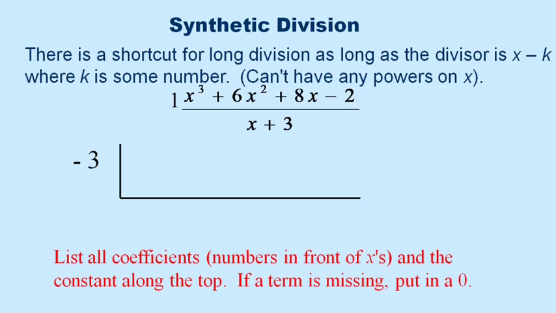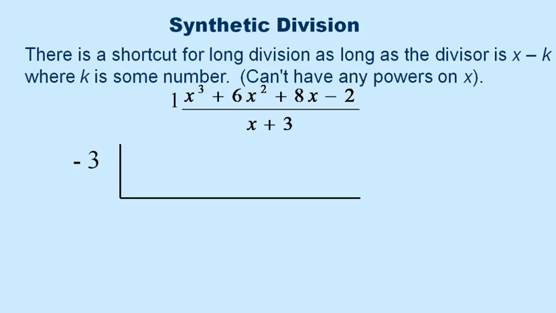After that, we will list out all the coefficients, that is the numbers in front of x, and the constant along the top. If a term is missing, put in a 0. So here we take all the coefficients from the dividend and arrange them in our box.